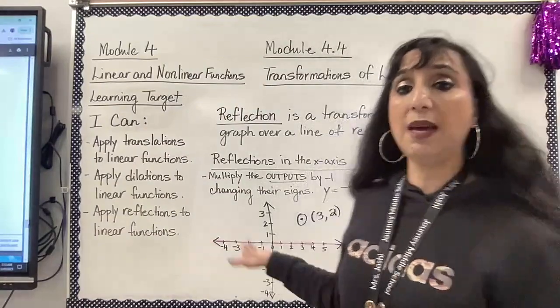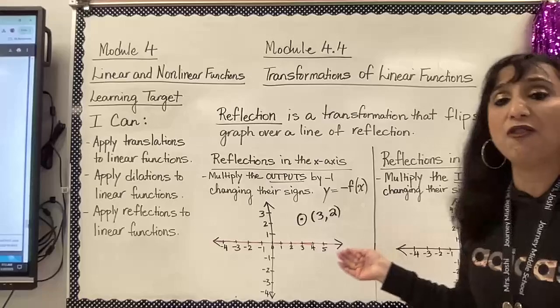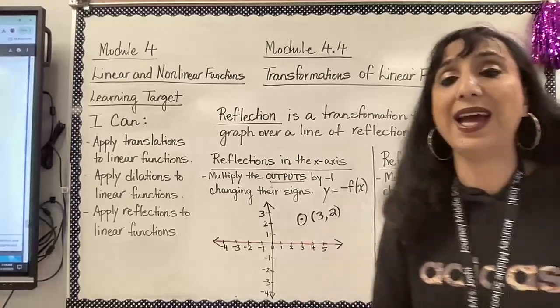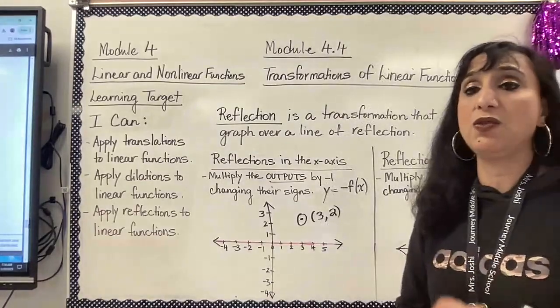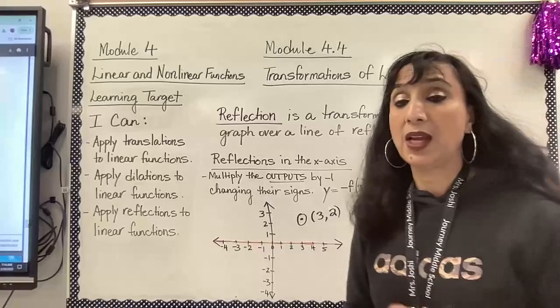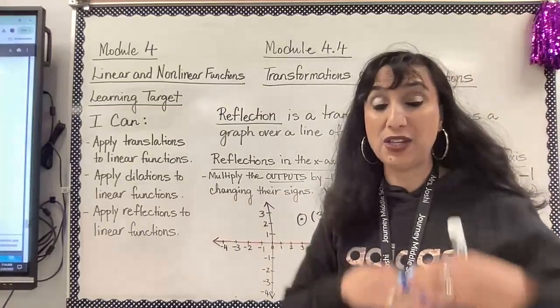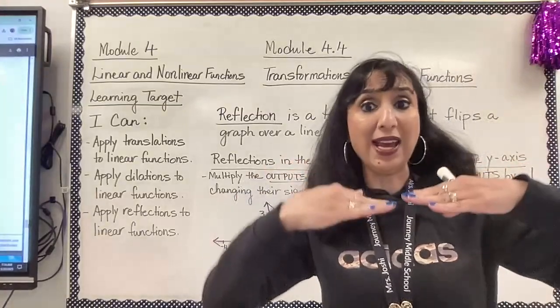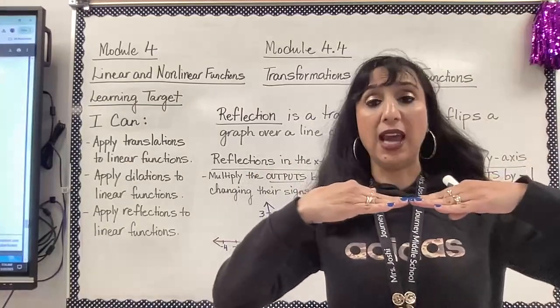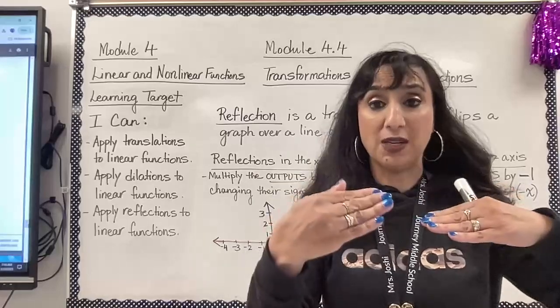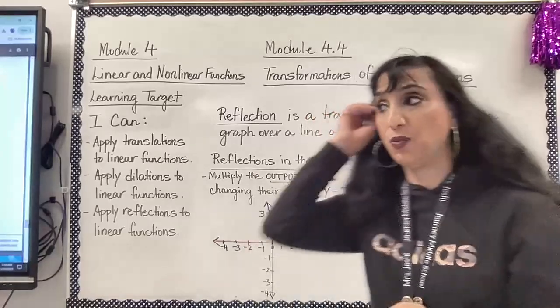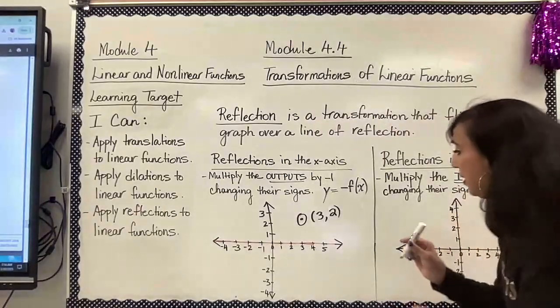So therefore it's the same thing here. So if we are reflecting over the x-axis, when it says y is equal to -f of x, that means my x stays the same, and the y coordinate becomes the opposite because I'm multiplying it by -1. So this is what it means.